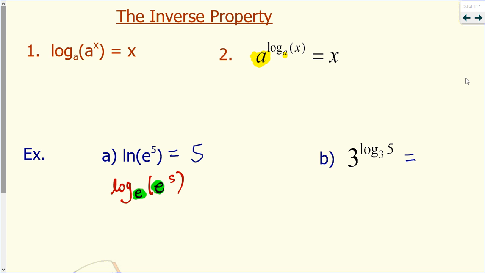How about B? For B, you'll note that the base of the exponential and the base of the log are equal. So the exponential and the log cancel each other out and just out pops that 5.